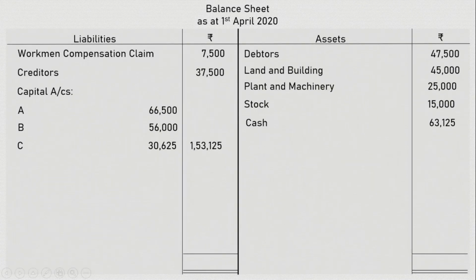Let's go to our balance sheet, write cash. Done. Now let's add the amounts on both sides to check whether our balance sheet is getting equal balance of assets and liabilities or not. So we are getting 1,95,625 on both sides. Congratulations. Our solution is absolutely correct.